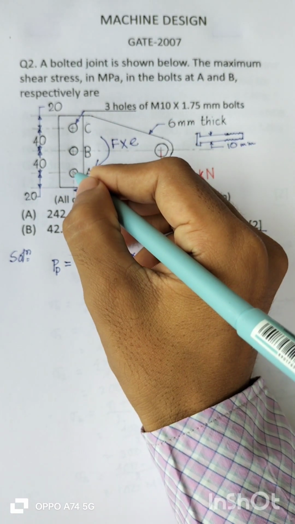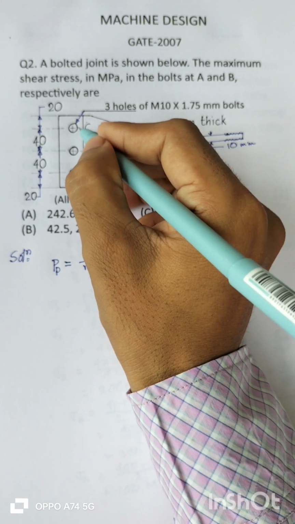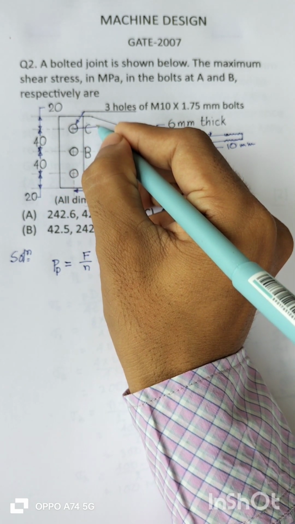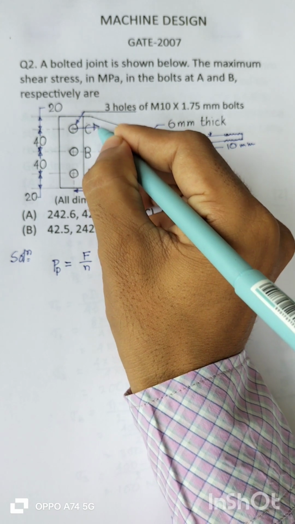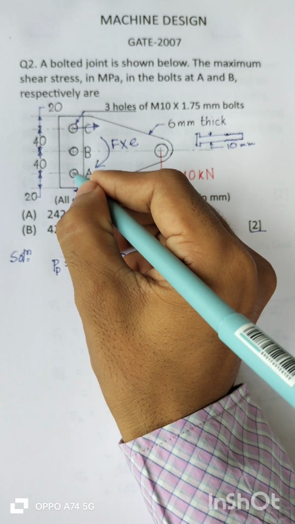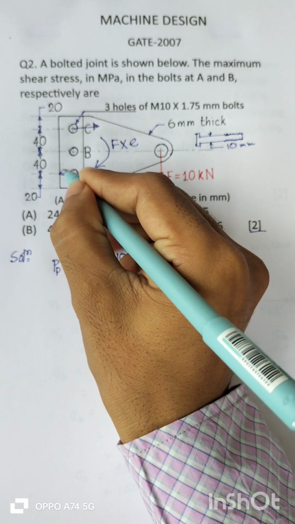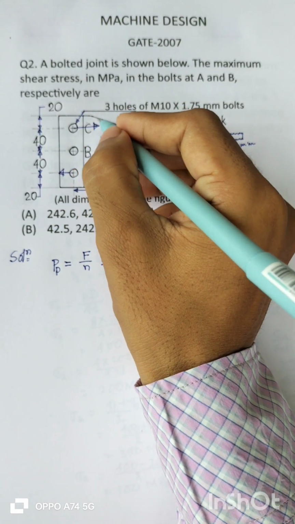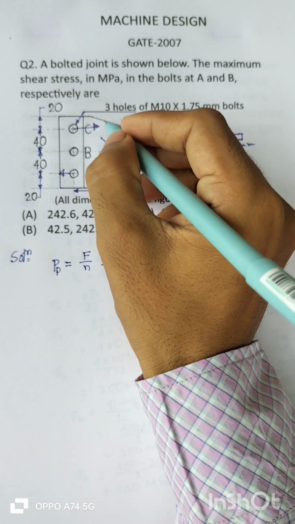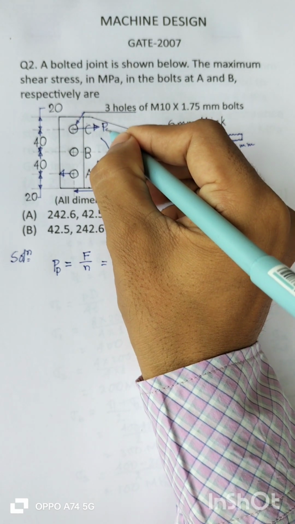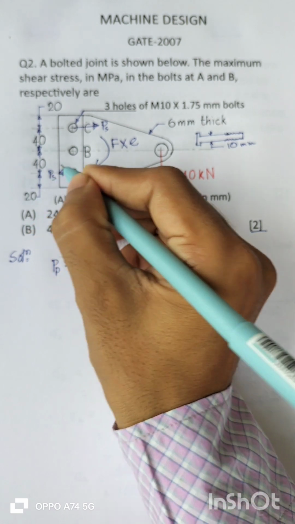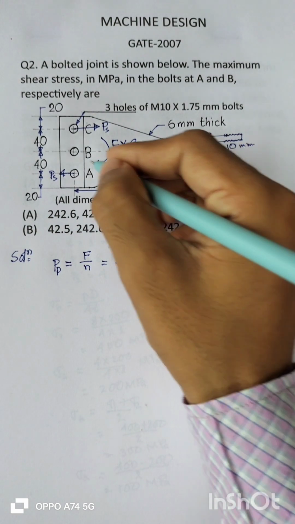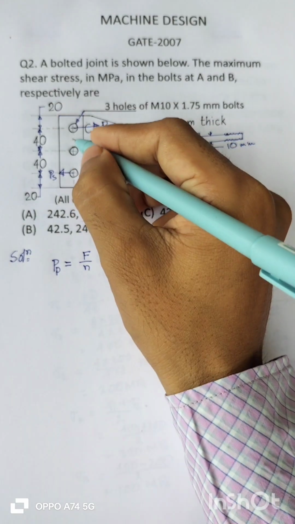This moment in turn will try to pull this bolt towards the front side and this bolt towards the back side, right? So the force acting in this bolt is known as secondary force. PS, secondary force. And the primary forces shared by each bolt will be downward.